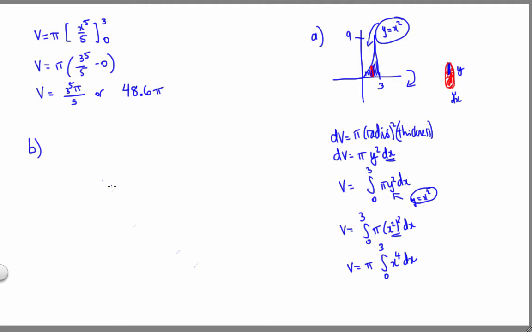So for part B, we're going to calculate this same volume using the shell method. So again, I'm going to quickly redraw the sketch.